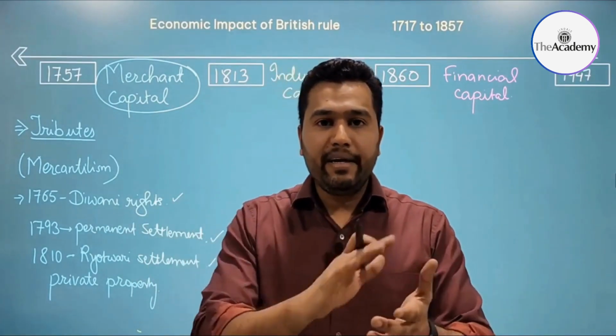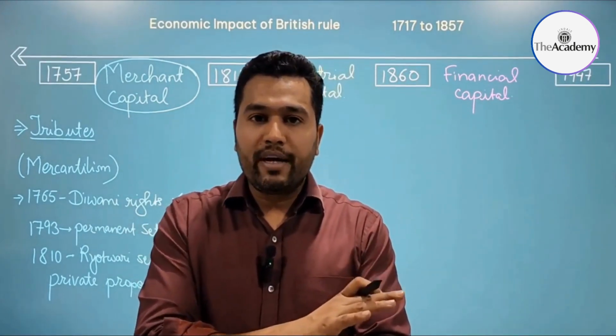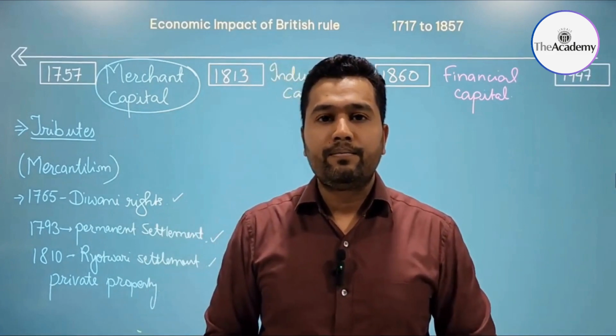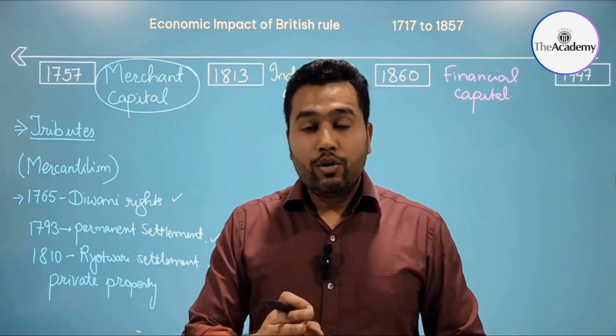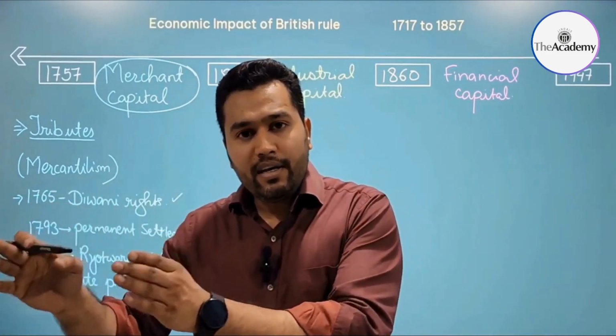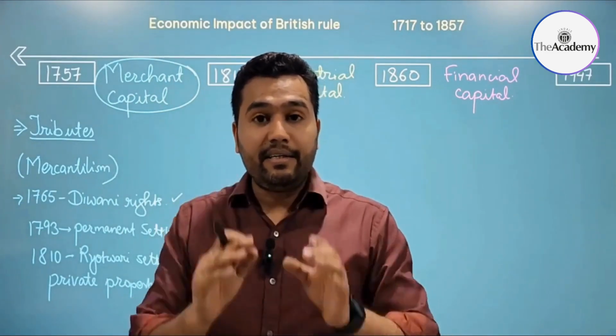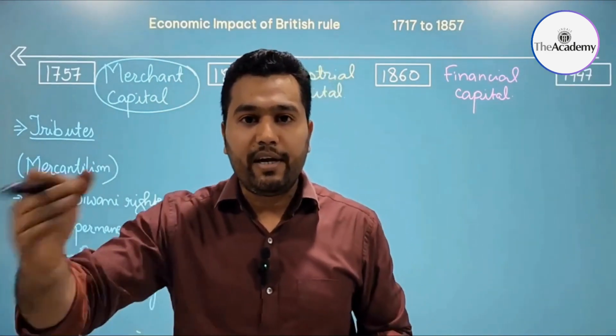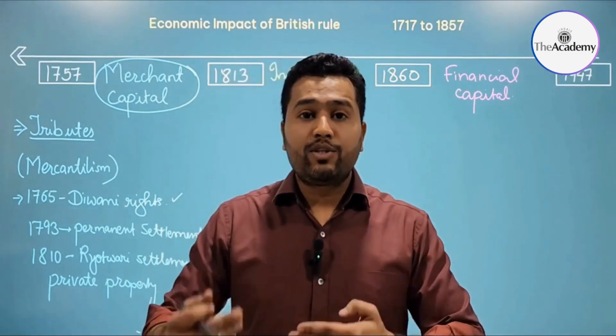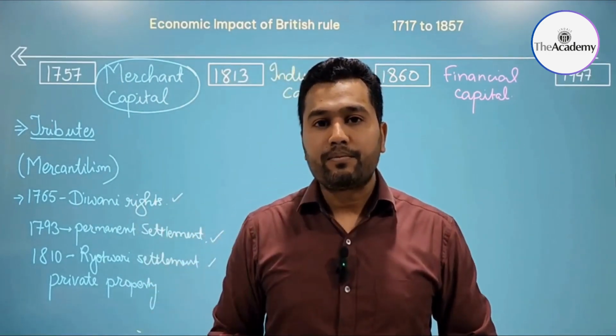It was a crime. But in 1813, the monopoly rights of the East India Company were withdrawn. So the English capitalists, now we must remember that in the 1770s and 80s, there was an industrial revolution in England. This had led to the emergence of English capitalists.